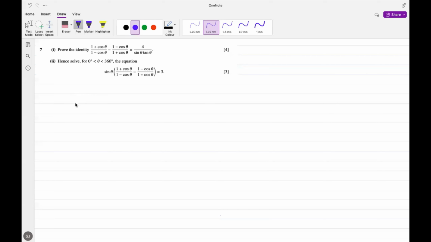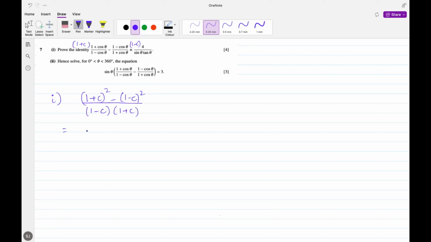So taking the LCM in part 1, from the left hand side, the LCM will be 1 minus cos and 1 plus cos. So 1 plus cos will multiply by 1 plus cos, so this will become (1 plus cos) whole squared, minus (1 minus cos) multiplied by 1 minus cos, so this will become (1 minus cos) whole squared.